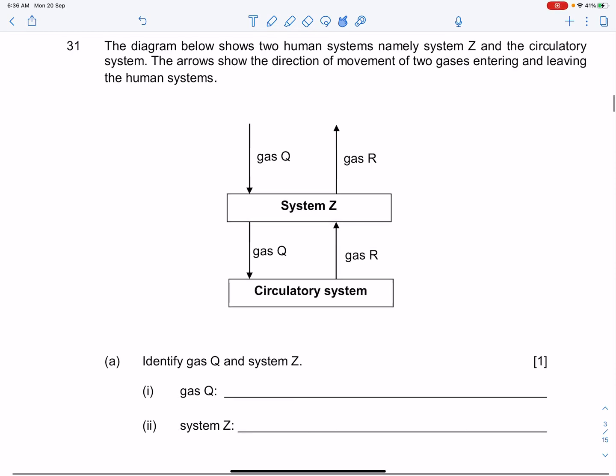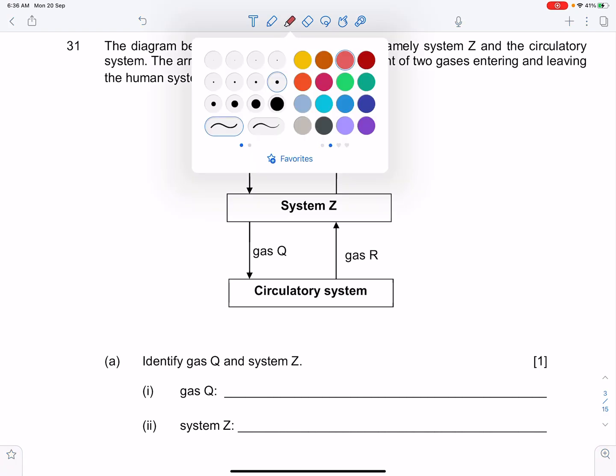Question 31. The diagram below shows two human systems, namely system Z and the circulatory system. The arrow shows the directional movement of two gases entering and leaving the human system. So let's start highlighting some points.